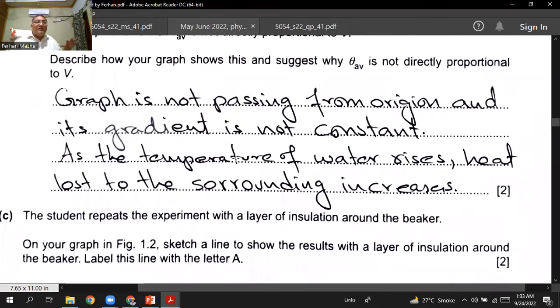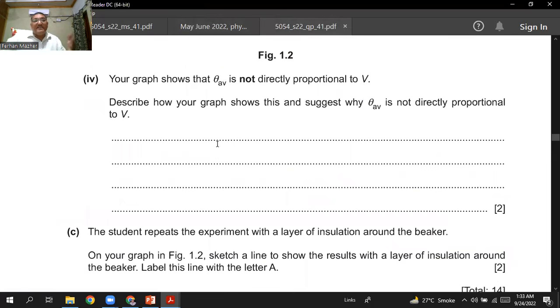The rate of loss of the heat to the surrounding increases. The more the temperature difference between the surrounding and the water, the loss of the heat from the water to the surrounding will increase. So that's why the increase in the temperature is not uniform for each 50 centimeter cube water added.